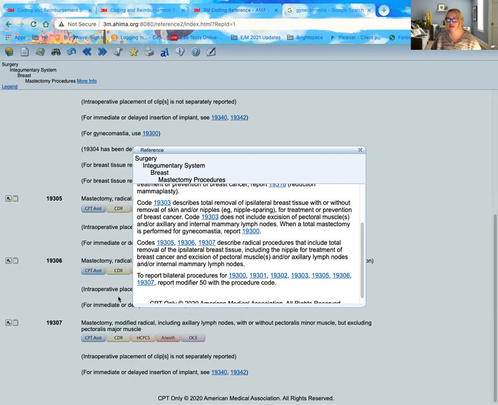Now, because this is modified, you'll remember that it did not include the nipple, and it specified that it did not include the major muscle. And so this is just a brief description of all of these and what might be entailed in radical procedures. Basically, you want to understand what is a radical mastectomy to understand that it includes the surrounding tissue.